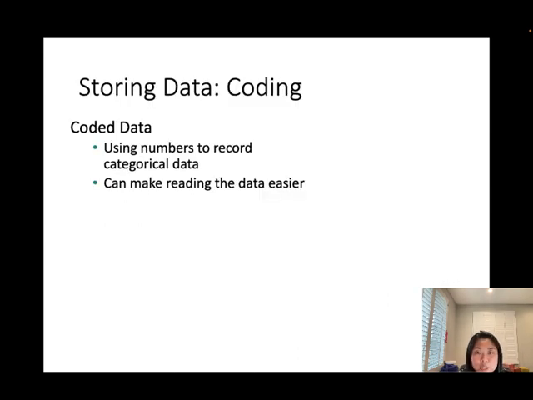Okay, storing data, the coding. Using numbers to record categorical data can make reading the data easier. The coding is used to help both humans and computers understand what the values of the variable represent. Sometimes it's different for the human and the computer.